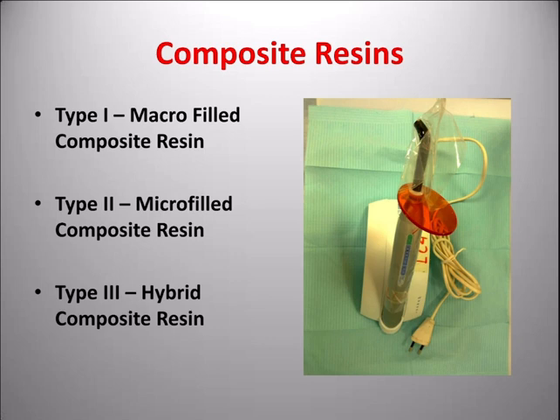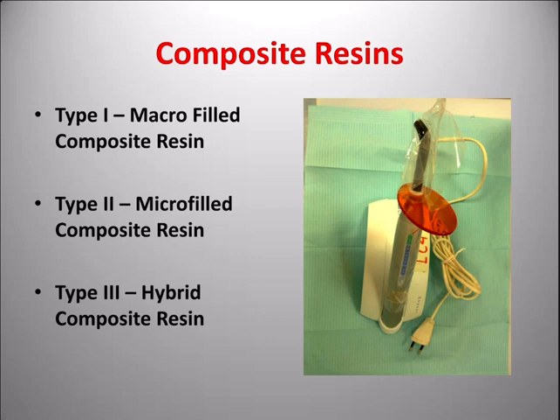As the filler particle size increases, the polishability and aesthetics diminish, so a rough surface is created. So this is used in areas which withstand a lot of force, like class 1 cavities of occlusal caries in your molars, where you want materials that can withstand more force. So type 1 macrofill has a higher filler particle size and is used in posterior areas, and the disadvantages are aesthetics and a less polishable surface, a rough surface.